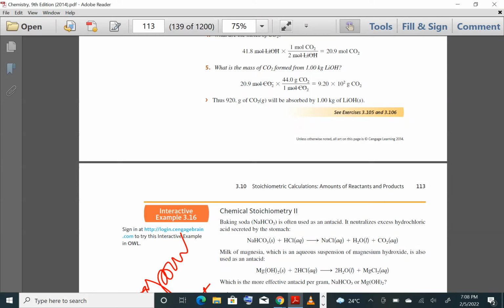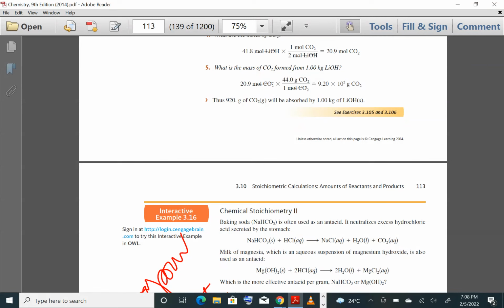Of the hydrochloric acid. So it means that the one which reacts with more hydrochloric acid, that's the one that is more effective. Because remember, what's the use of the antacid? It's so that it can act against the acid.